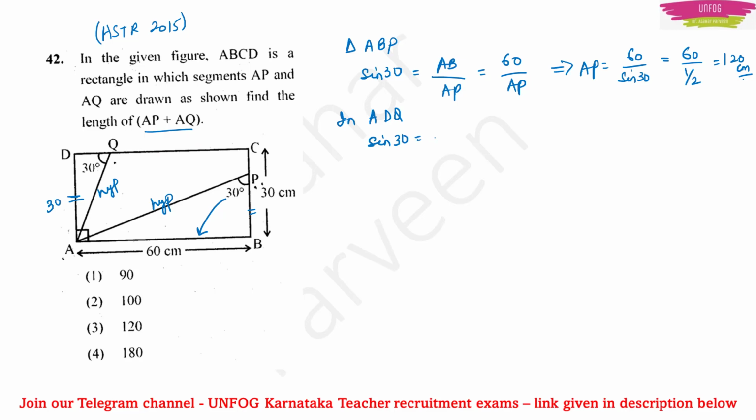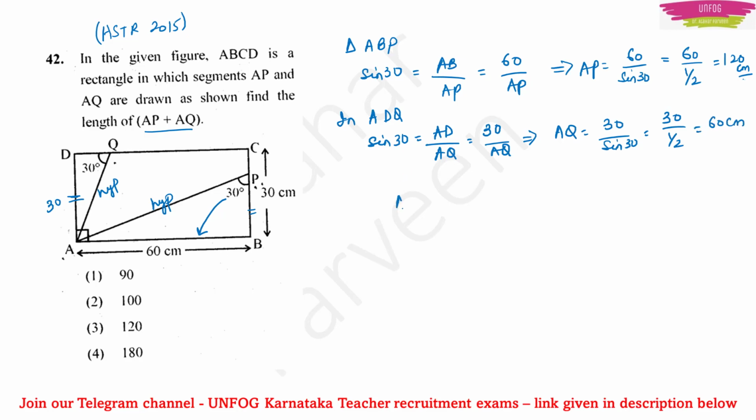This will give you opposite side, which is AD, upon AQ, the hypotenuse, and AD is 30 centimeter. Now this is 30 by AQ, so AQ is equal to 30 upon sine 30, and this will be 30 upon half, or 60 centimeter.